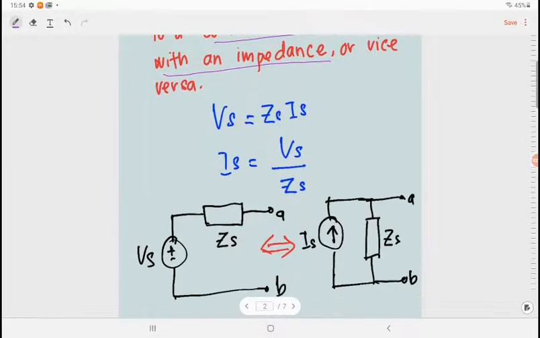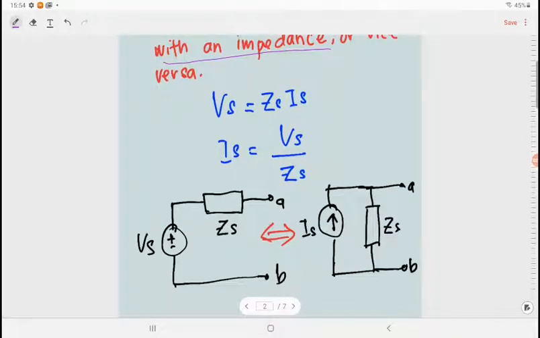If you see the diagram here, this is how we do a source transformation. The first one here is an impedance in series with your voltage source, and the second one is your current source in parallel with your impedance.